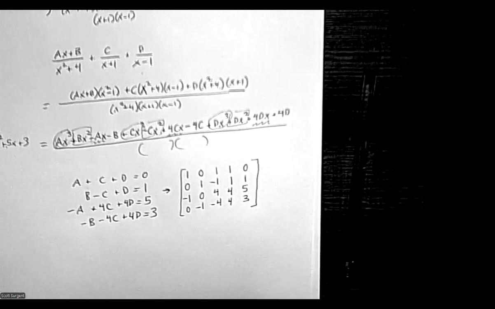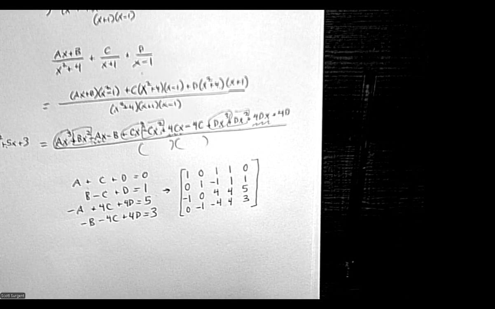I'm going to switch my screen here. Give me a moment. I'm going to go to Desmos because you're going to get Desmos, and I'm going to go to the matrix feature.